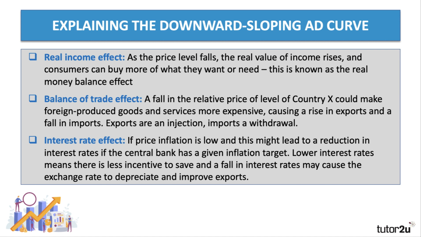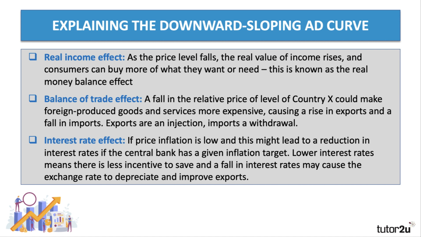Perhaps people will borrow a bit more money and spend more. And a fall in interest rates could also cause the external value of the exchange rate to fall. We call that a depreciation. And a depreciation of the exchange rate, other things being the same, a weaker exchange rate makes a country's exports more competitive and could improve export sales.